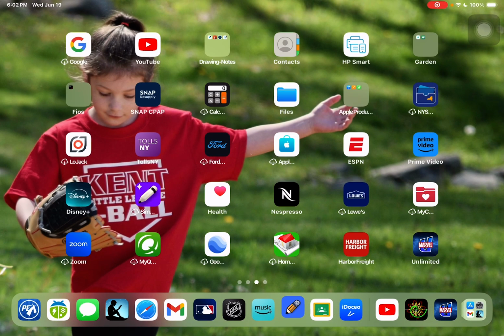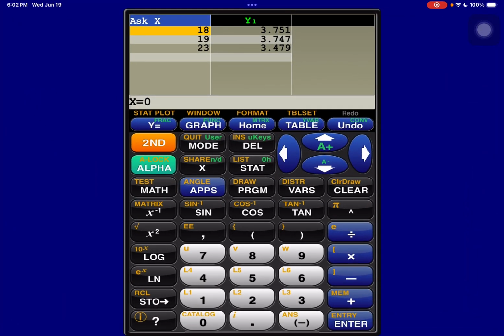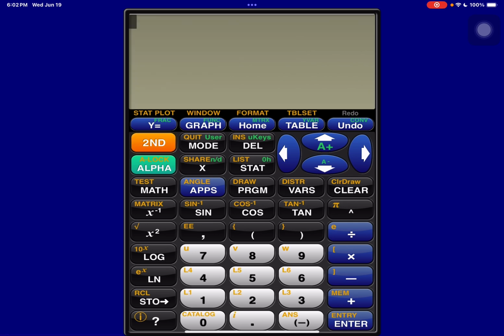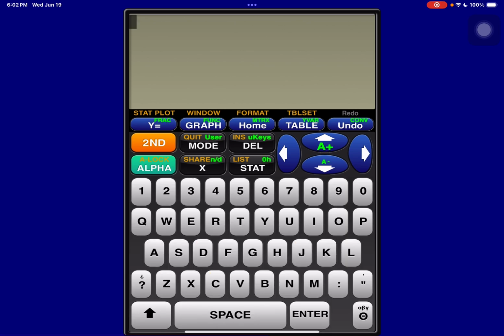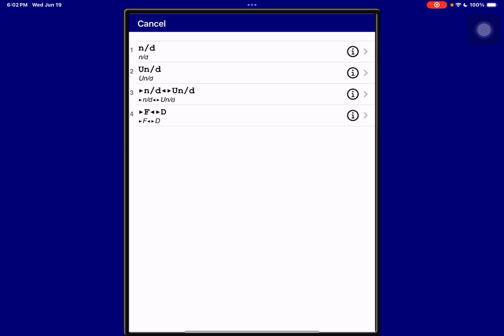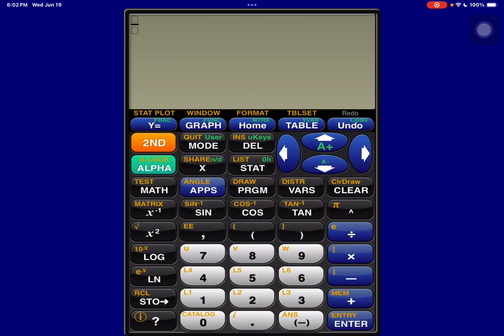Okay, so let's take a look at the calculator. This calculator, I'm pretty sure, does a fraction, right? So I'm going to do alpha y equals. In the numerator, I'm going to put it just the way I just wrote it: in parentheses, 18,000, in parentheses 0.0052.